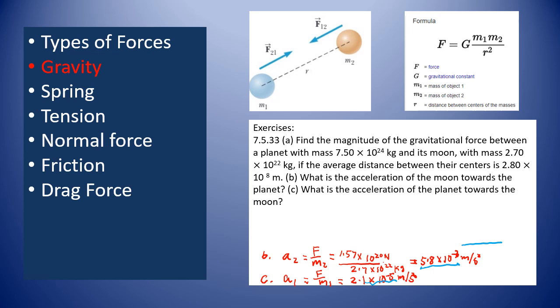It follows the inverse square law, which means if the distance is twice as far, the force is 4 times weaker, and it is given by this formula.